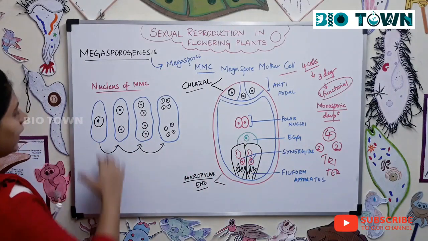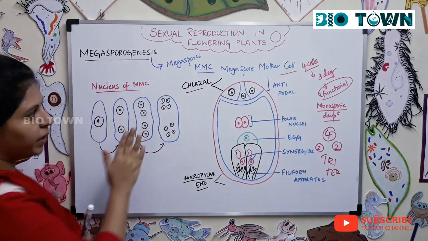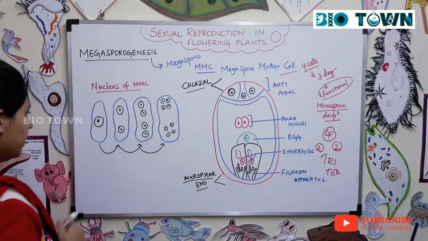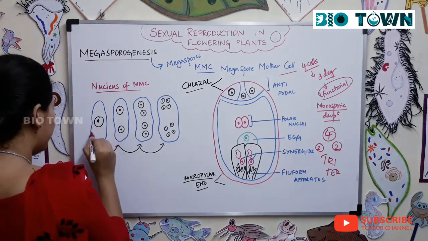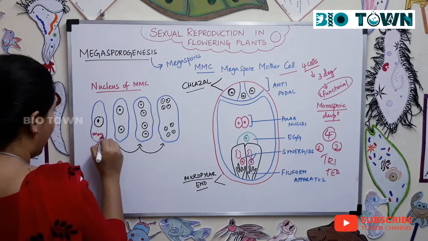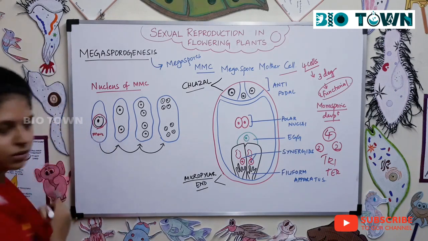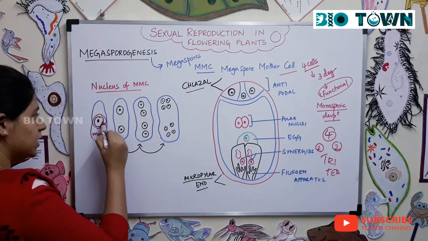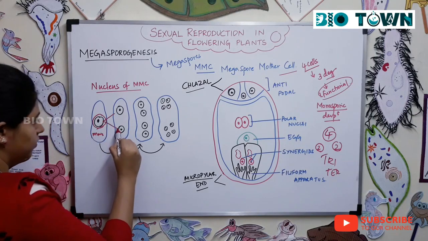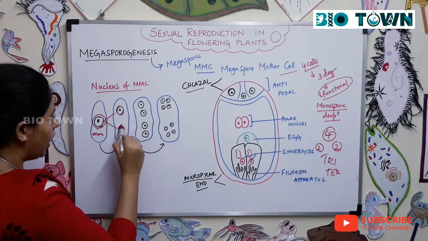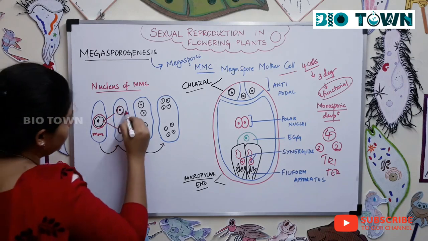Now what exactly happens in the nucleus of the megaspore mother cell, we are going to talk about today. First, the megaspore mother cell has a single nucleus. This nucleus will undergo mitotic division and lead to two nuclei.